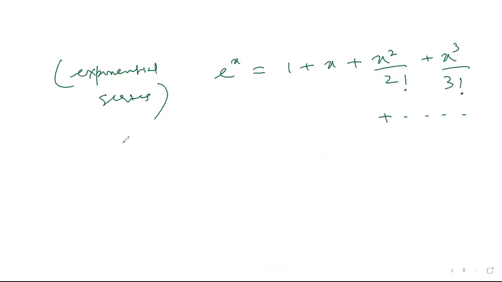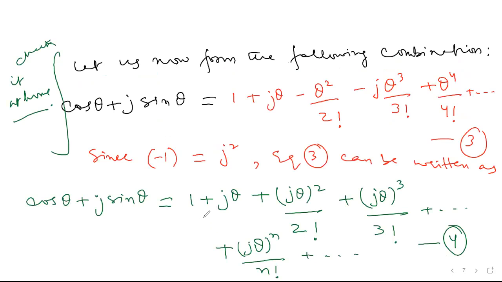You can see, if you set x equal to j theta, what will this series look like? It will become 1 plus j theta plus (j theta) square by 2 factorial plus (j theta) cube by 3 factorial and so on. So I can write it as e raised to the power j theta.